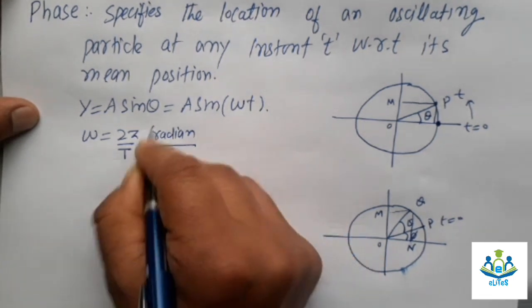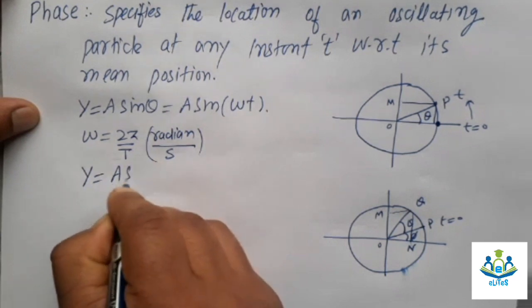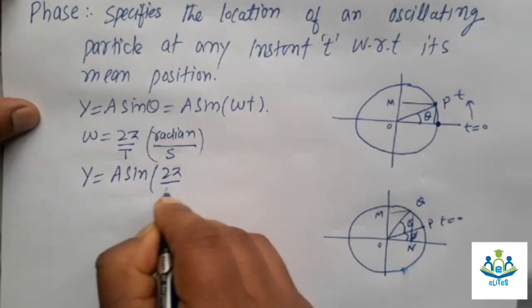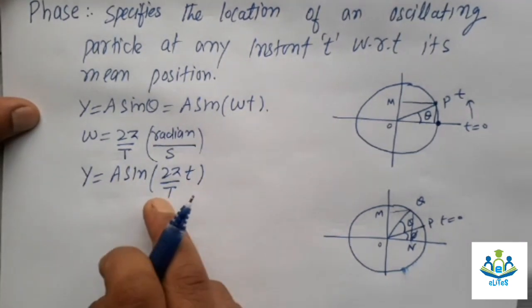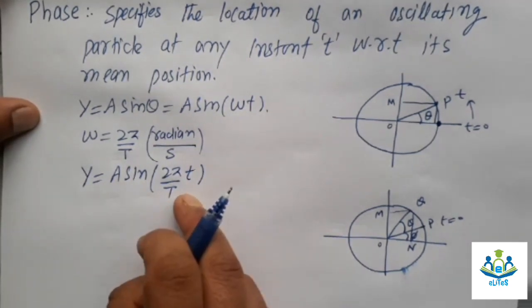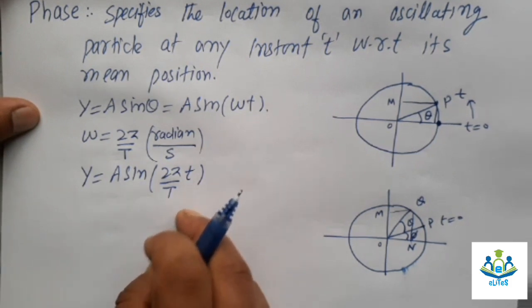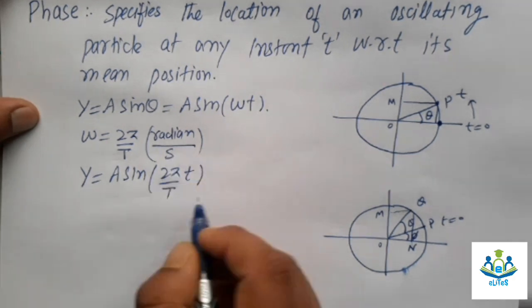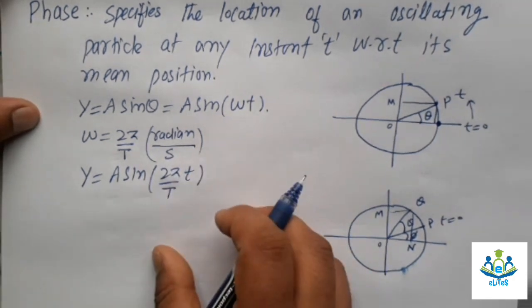So omega is 2 pi by T. So we have y equal to a sine of 2 pi t by T. This angle is the position of the particle, which is measured either in terms of radians, or in terms of angle, or in terms of time.